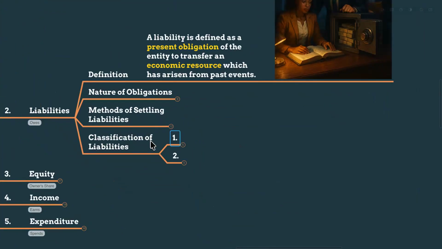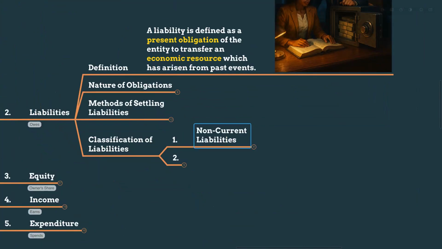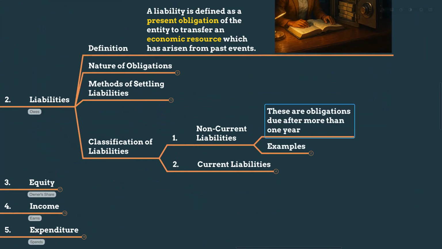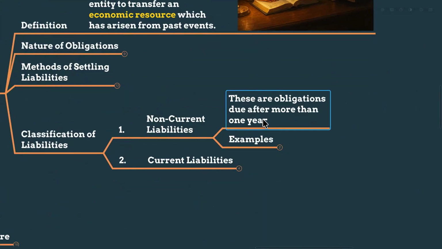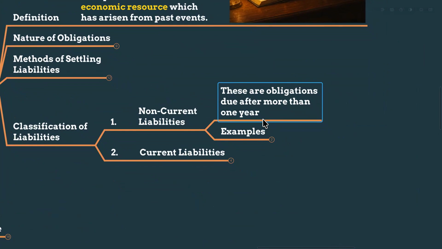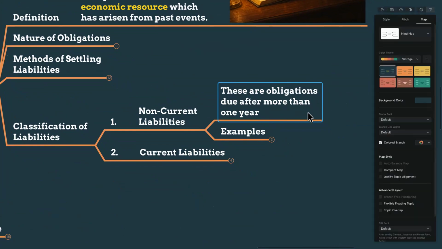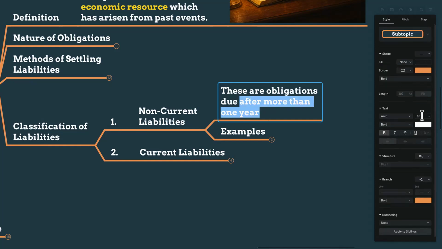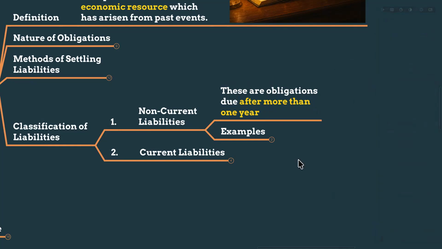And let me talk about the classification of liabilities, right? Non-current liabilities as well as current liabilities. So non-current liabilities are the obligations due after more than 1 year. So the important words here are after more than 1 year, right? It means from your financial position date to after 1 year.